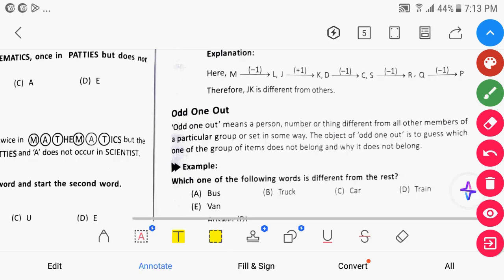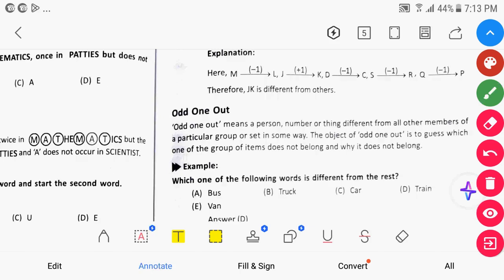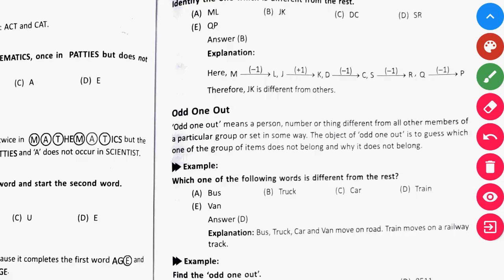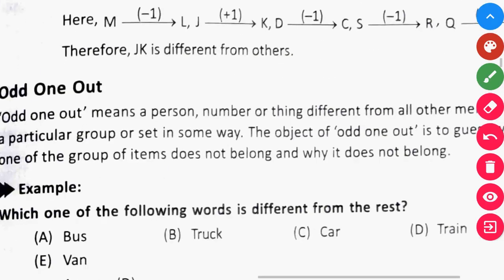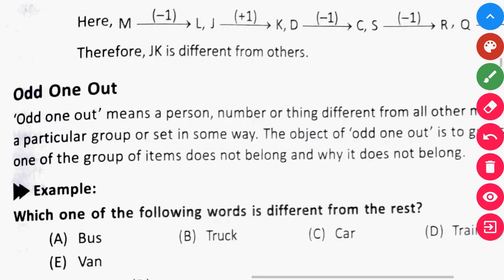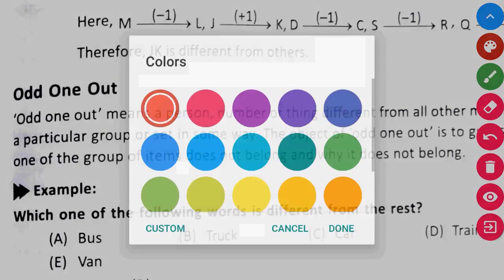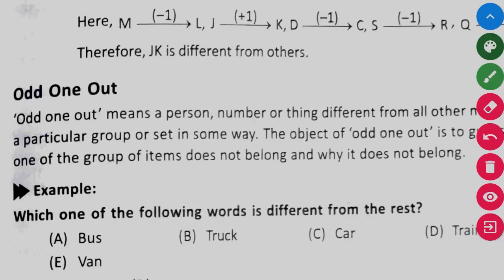After getting the ideas clearly you can solve the given exercise. Now the next pattern is odd one out, we have to identify from the series.